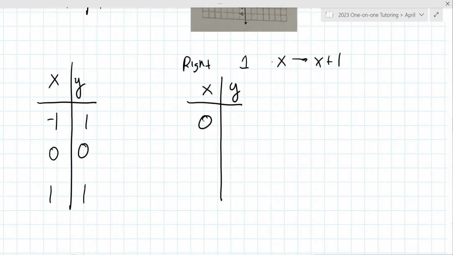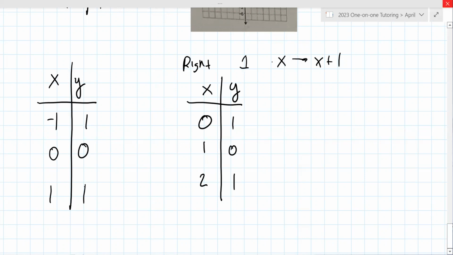And then 0 plus 1 is 1, and 1 plus 1 is 2. And then there we go. And then y is 1, and then 0 and 1. Perfect. All right. So now you're going to go to that second graph.